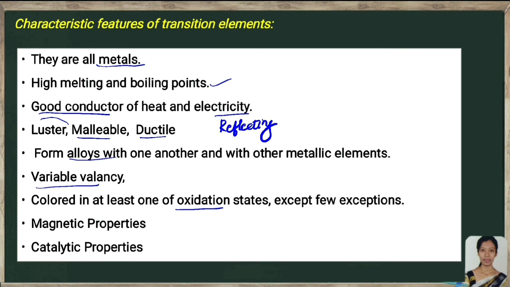These transition elements show magnetic property because of the unpaired electrons. Transition elements show magnetic property because of the partially filled d electrons, or the electronic configuration. These have unpaired electrons, rather than completely filled d orbitals. That's why they show magnetic properties. In a similar way, because of the property of showing variable oxidation states, these can form intermediate unstable compounds, so that these transition elements can be used as catalysts in several reactions.